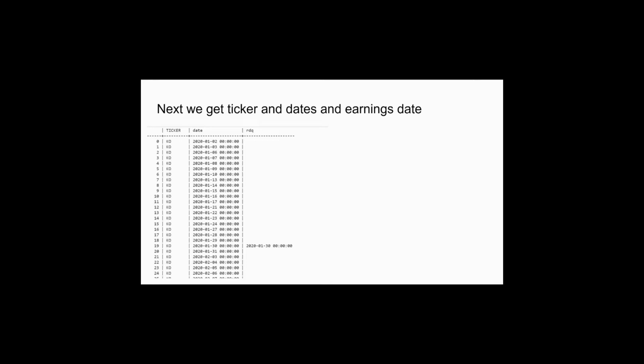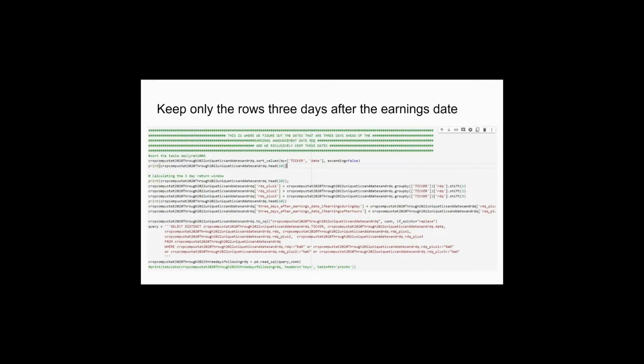If it's an after hours thing, they can't trade it after hours, so they'll only be able to trade it these 3 days. If the earnings announcement was during the day, then they'll be able to trade it during the day and the 2 days after. So the 3-day return will be that day and the next 2 days. So if it's after hours, it's the next 3 days. If it's during the day, then it's that day and the next 2 days. And so that's what we do here.